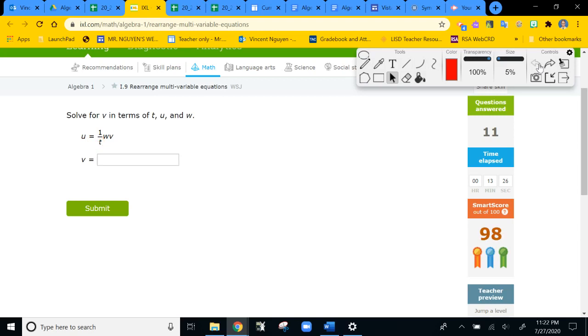All right, maybe this is the last problem. It's a little challenging, maybe. We're solving for V. So that means we're going to move the T on the bottom. The T on the bottom will become multiplication when it goes over here, so it actually goes to the top. And then the V, we're trying to solve for V, so we're actually going to move W. The W is going to come over here to go on the bottom because it becomes division.